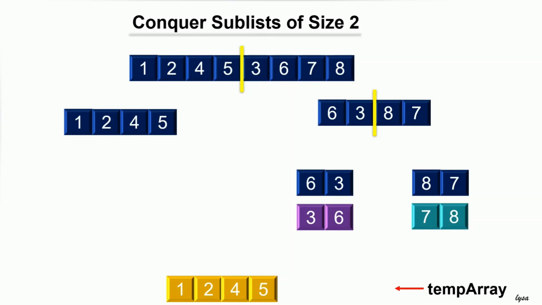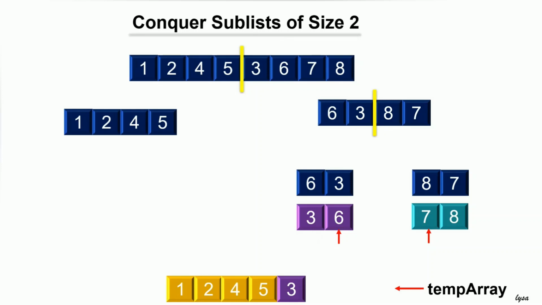The left sublist of 6, 3 and the right sublist of 8, 7 are already sorted with the values 3, 6 and 7, 8 respectively. I still have it as 2 sublists. Now I have to merge them into a single sublist. In the previous step, we only took elements of size 1. Now we have elements of size 2. I compare 3 and 7. 3 is written in the temporary array because that's a smaller value.